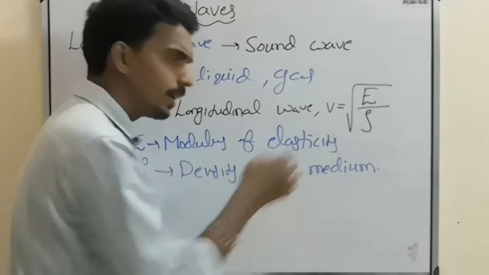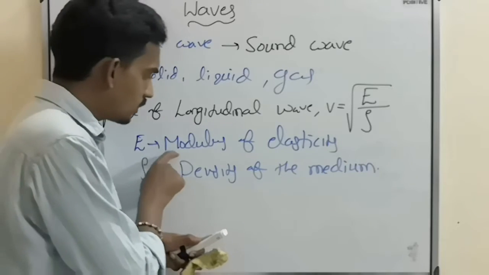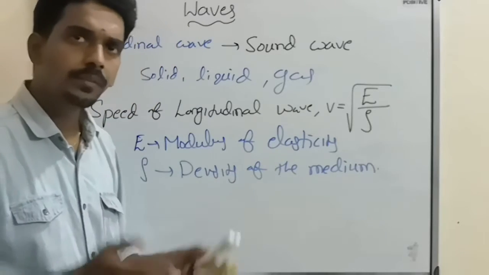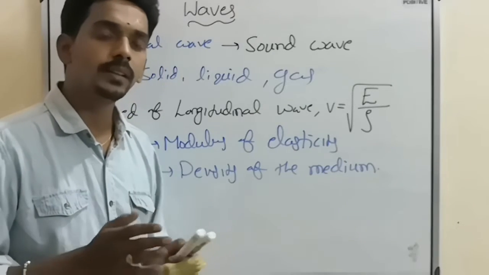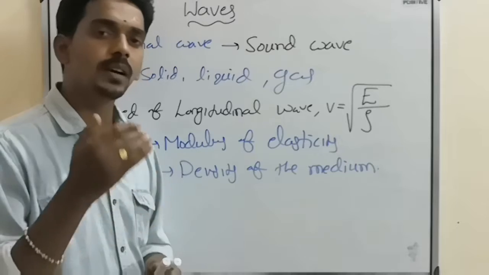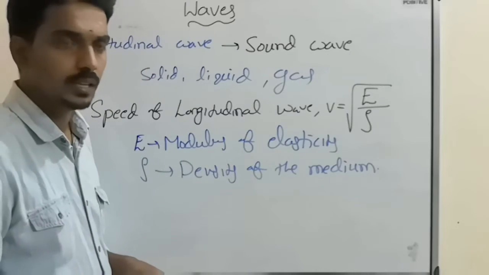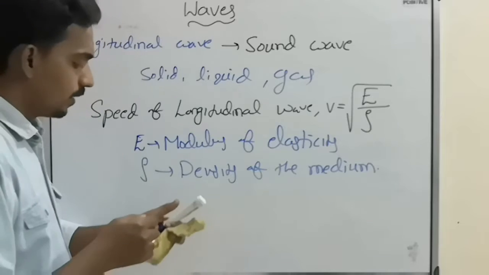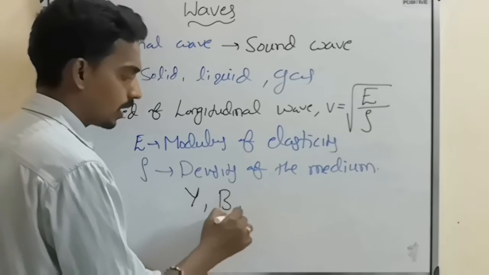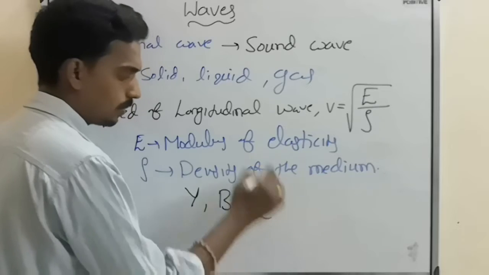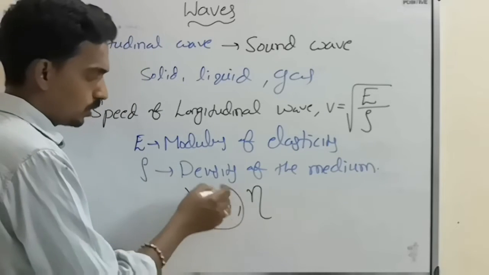Density of the medium means mass by volume. We studied the concept of modulus of elasticity in mechanical properties of solids, where we defined three kinds: Young's modulus, bulk modulus, and rigidity modulus. But here, two of these will come.